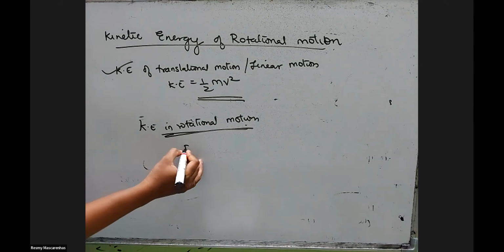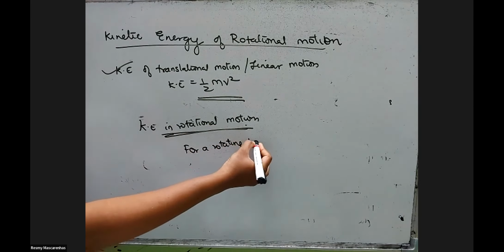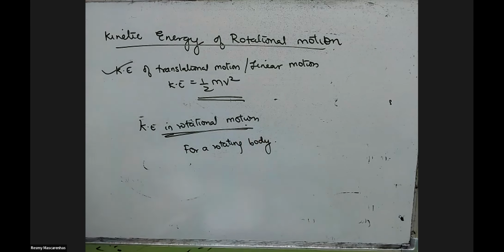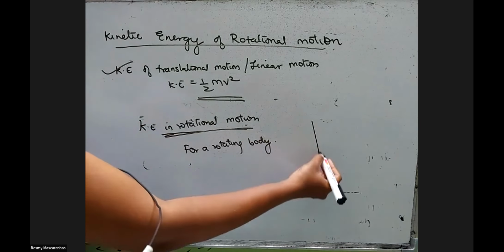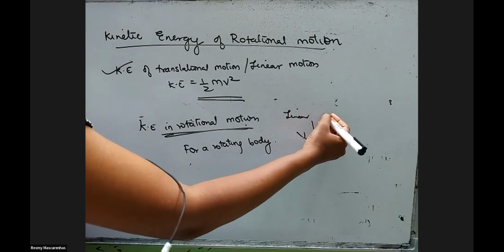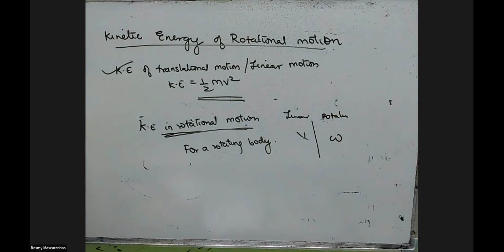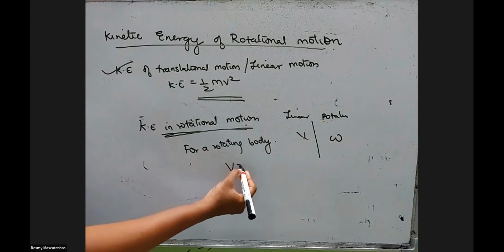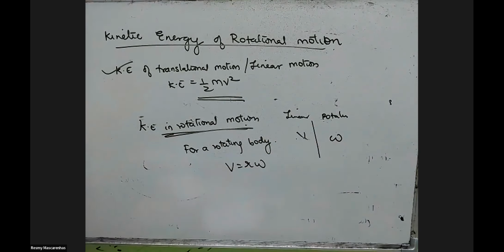So for a rotating body, here we use V. For this, we'll have to use omega, no? So for linear it is V, and for rotational it is omega, or w, whichever word you use. So what is the relation between V and omega? V equals r omega.